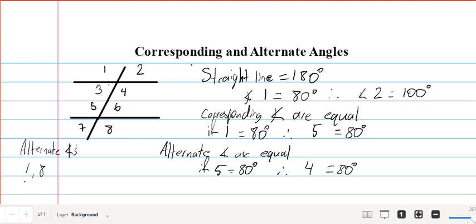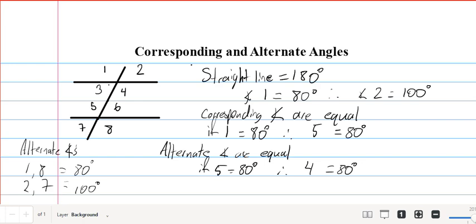We go with 2, 2 is 7, all right, because if you can find the corresponding angle for 2, you have 6. The opposite of that is 7. So that's your alternate angle. And all of these are equal. So if I say 1 is 80, then these both are 80 degrees. 2, we already figured out what 2 is. 2 is 100 degrees because 1 is 80. 1 was the given. All right, and we can keep going on and on.